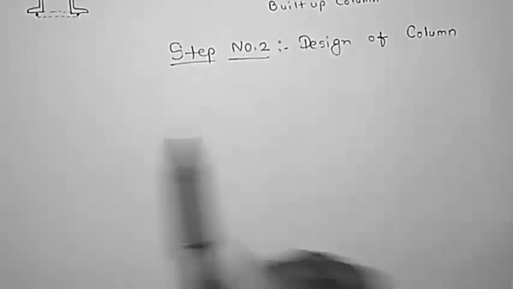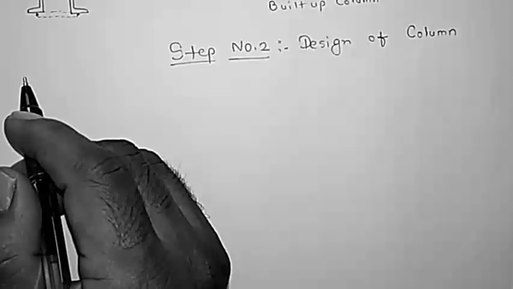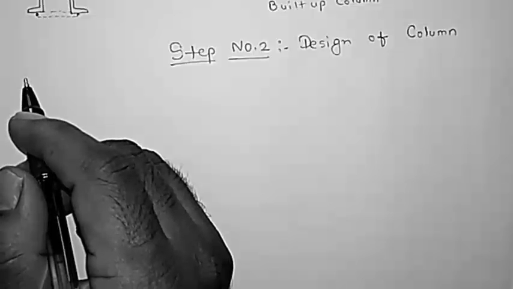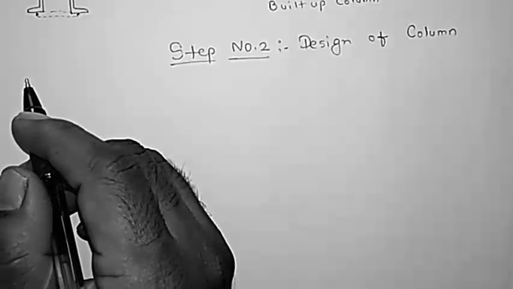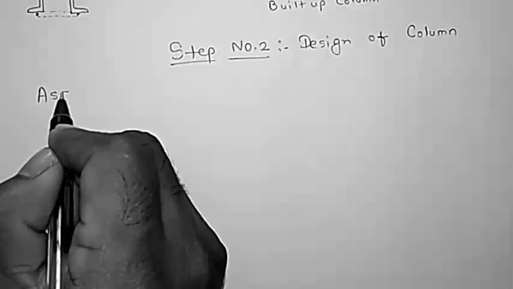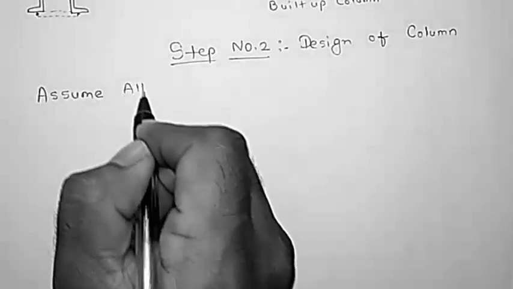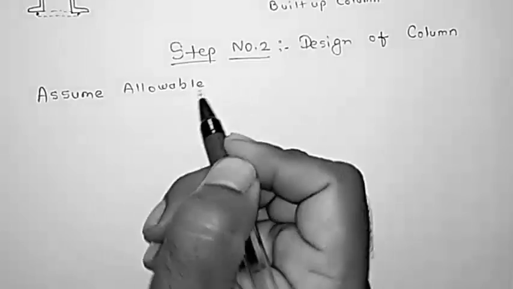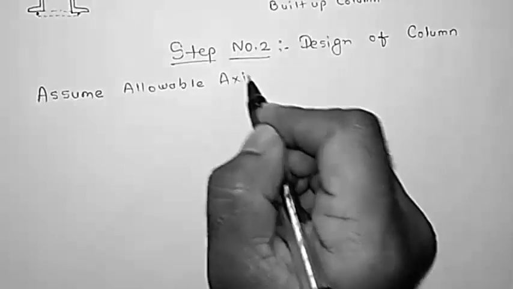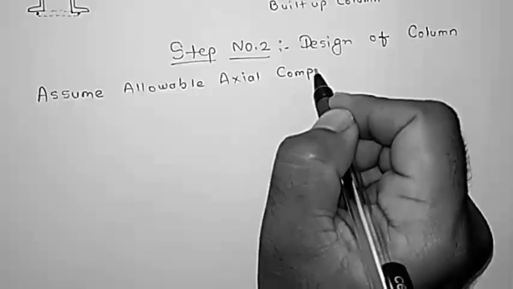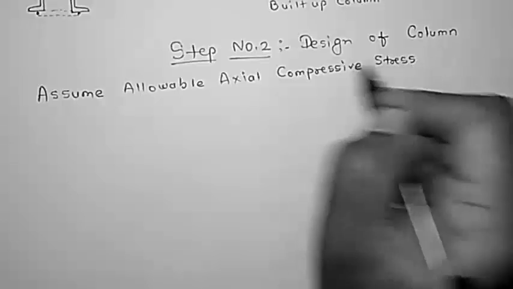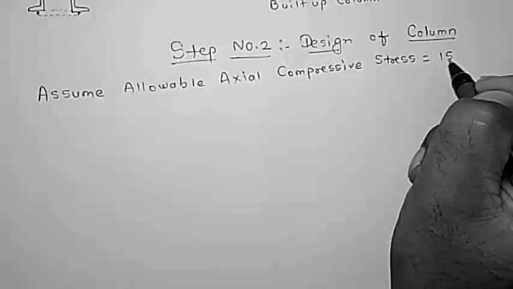So now the next step is to calculate the cross sectional area required, and we can assume the allowable axial compressive stress, that is 150 MPa.